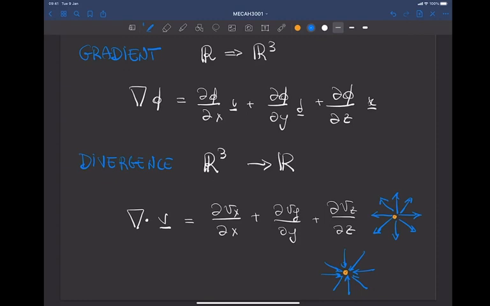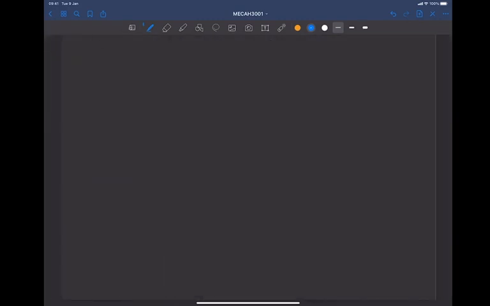What else can we introduce? Something that we already used now is the partial derivative. This is useful when you have a function of many variables and you just want to consider the variation with respect to one variable. So imagine that you have a field phi, which is a function of time, but also space.